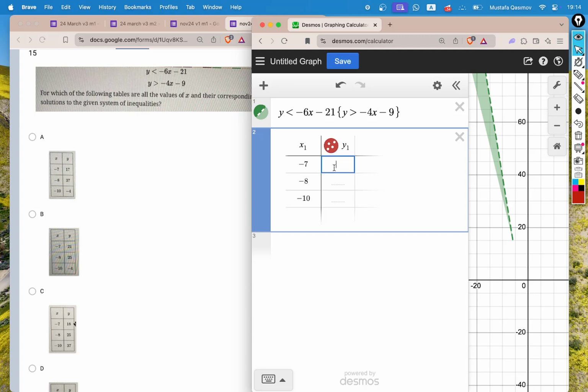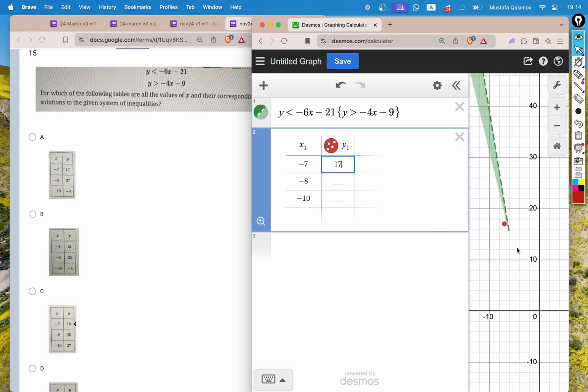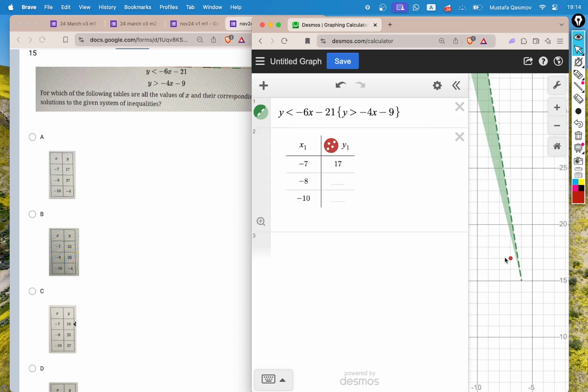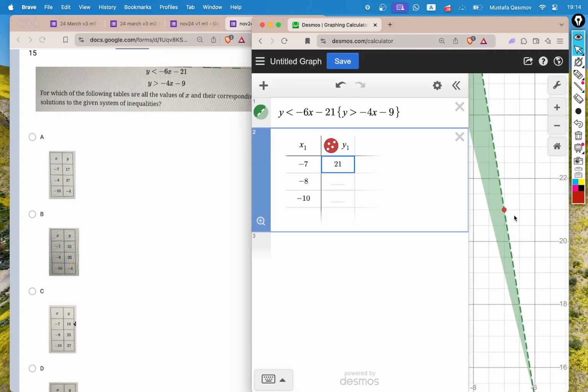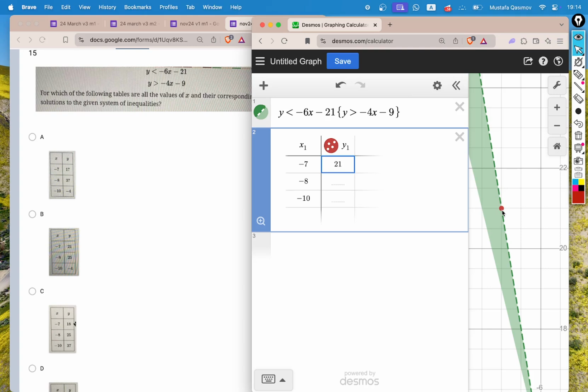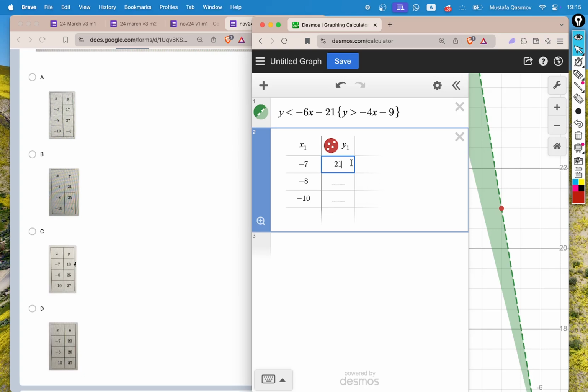Let's write the first one, it is 17. So it is not a solution, right? Let's write the second, 21. So it is on the line, but there is no equal sign here, so it is also not correct. 18 and 20.